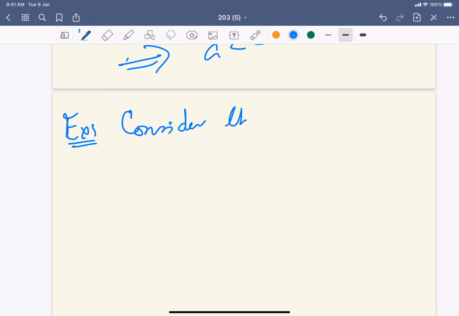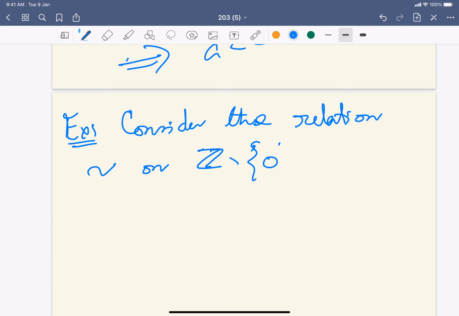Consider the relation tilde on maybe the set of all non-zero integers.